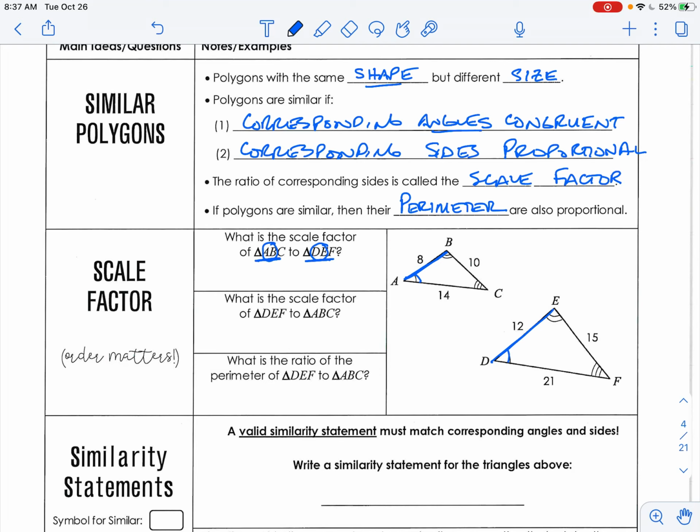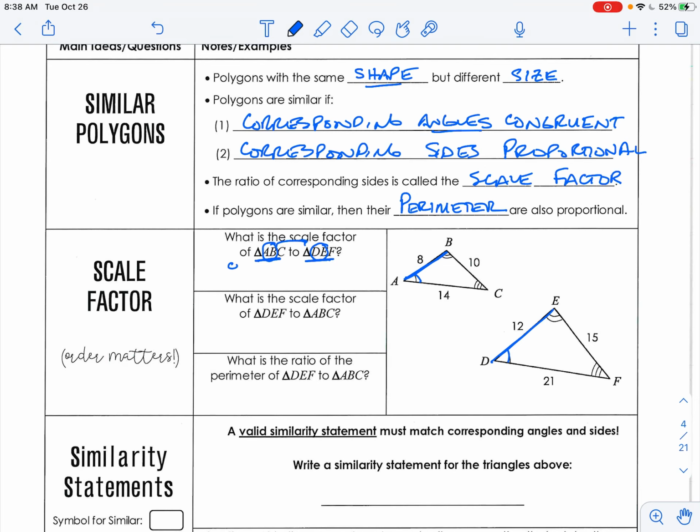Now, if we're being technical, from ABC to DEF, it's getting bigger, okay? Now, we can flip it around however we want, as far as that goes. But if we look at it here, it says, what is the scale factor of ABC to DEF? What they want us to do is compare this way, okay?